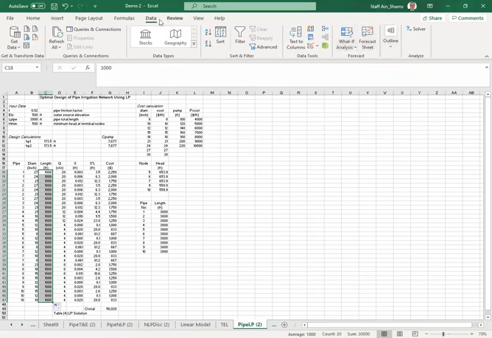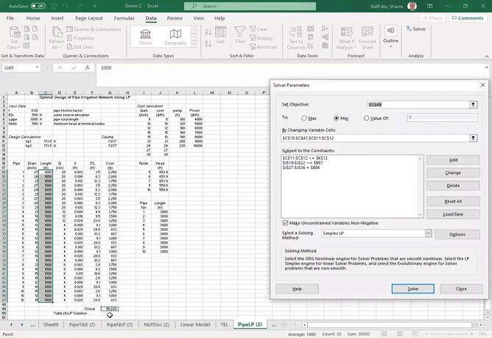Then go to data, solver. We set the target as the total cost. Here, we like to minimize the total cost, and the variables this time are the pipe lengths and the head of pumps, subject to the 2 constraints we used before, one for nodal heads.